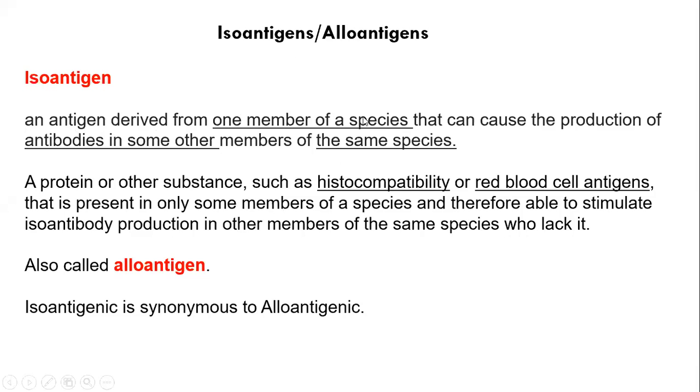I can take an antigen from your body, prepare it chemically, and put it into my body, because I may not have the antigen that is present in your body. It may be specific to your body, to one member of the species. So an isoantigen present in one member of a species, taken into another member, elicits specific antibodies. It may be red blood cell antigens or histocompatibility antigens. You can read more on iso and allo antigens here.